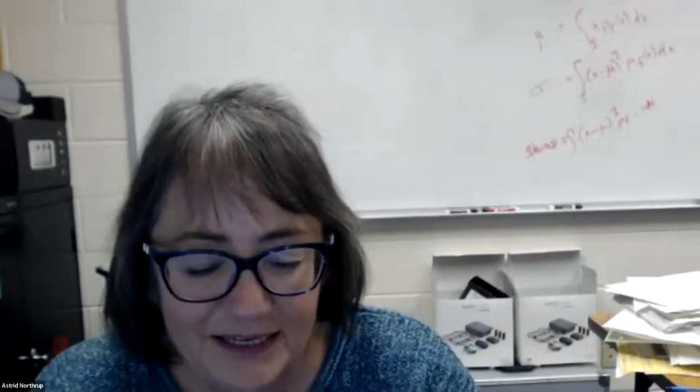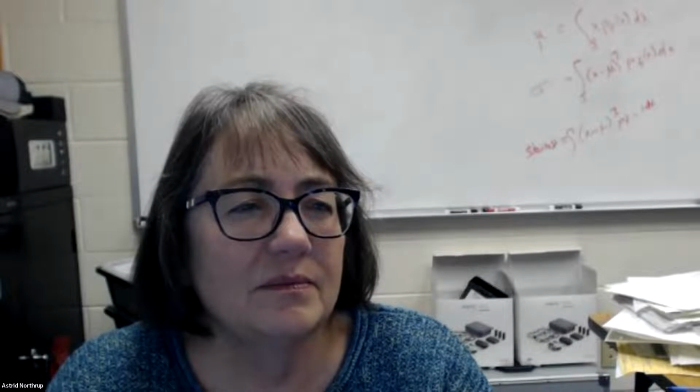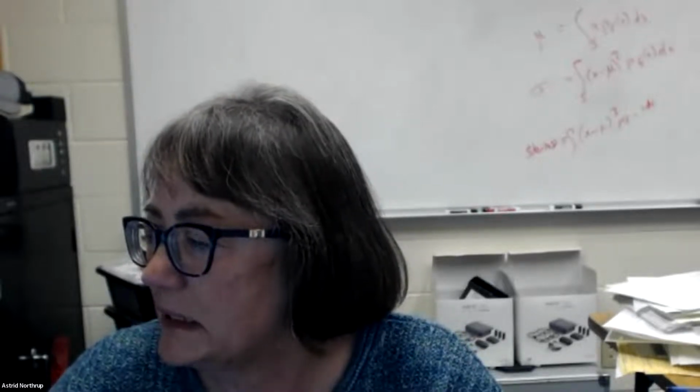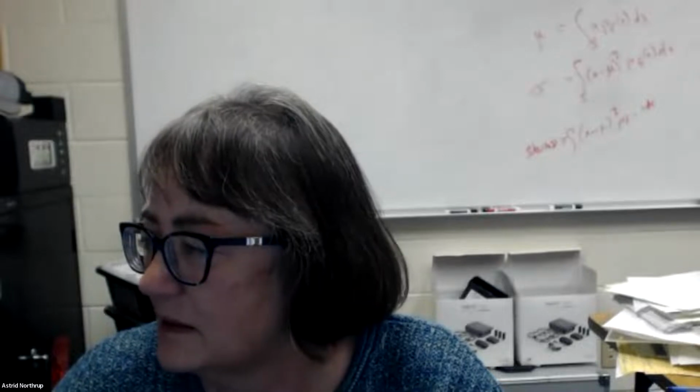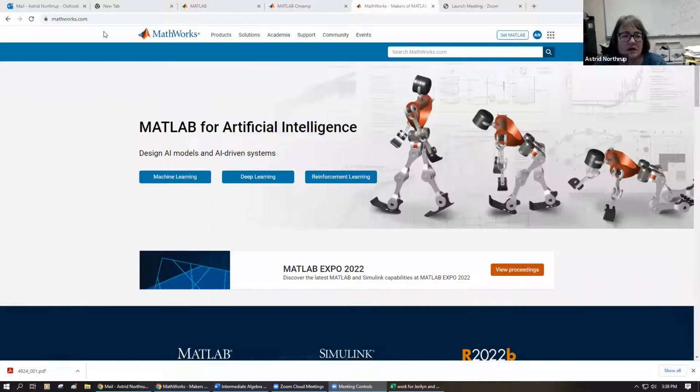So if you go to mathworks.com, okay, here we go. All right, let me show you. I'm going to take a chance that I can get this. If you go to mathworks.com, you'll get this screen.